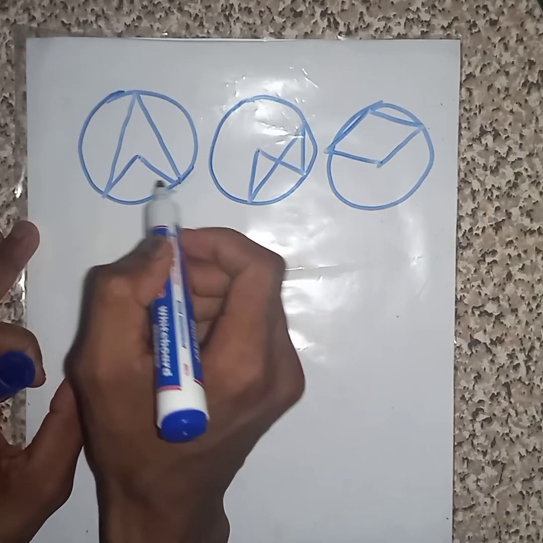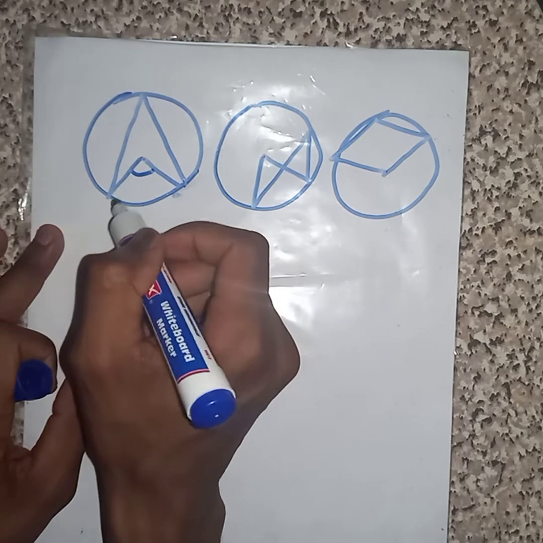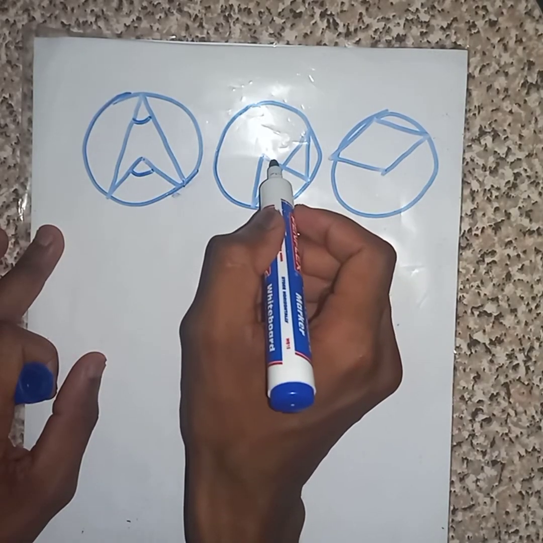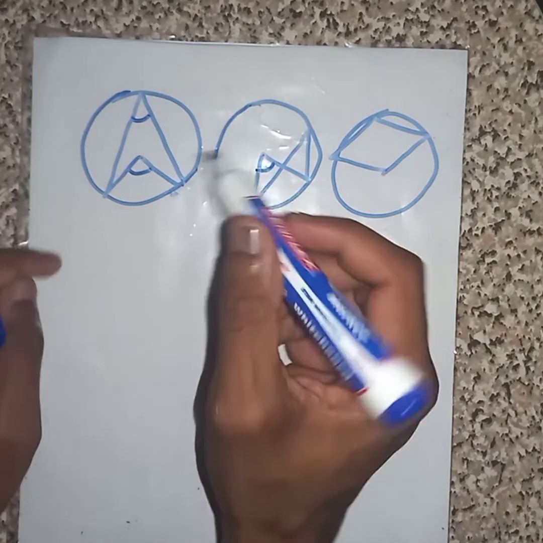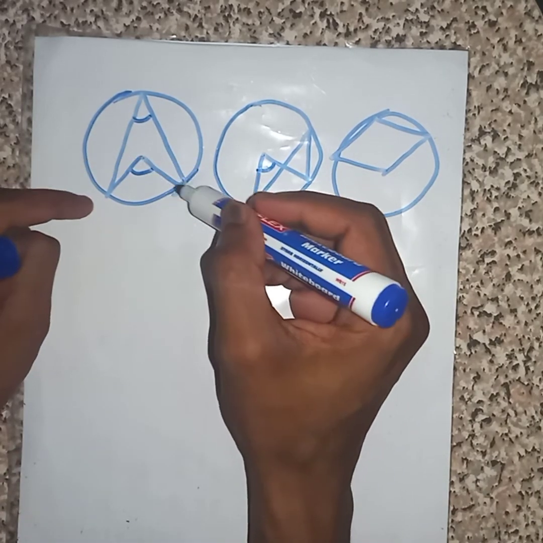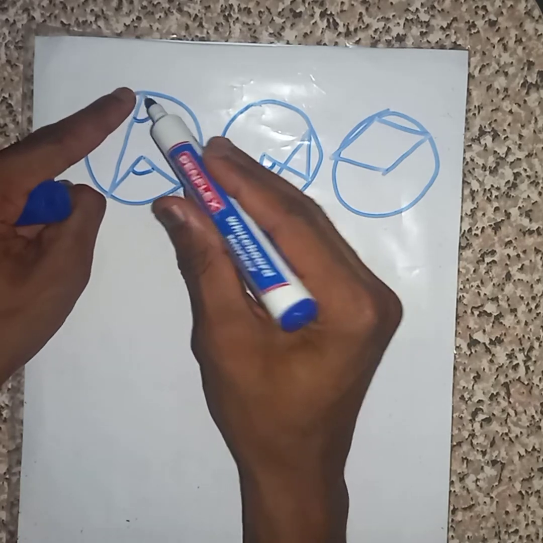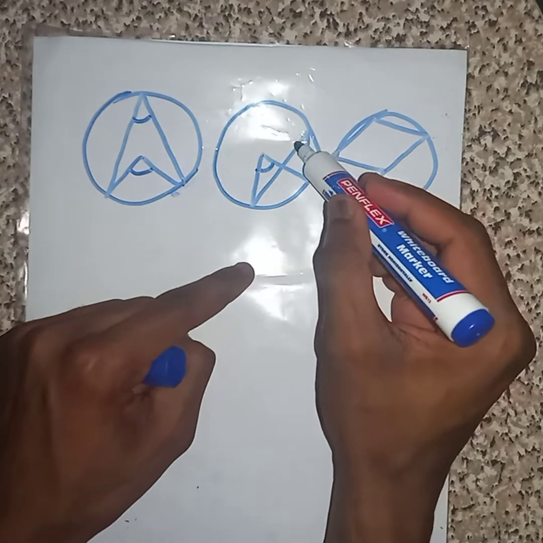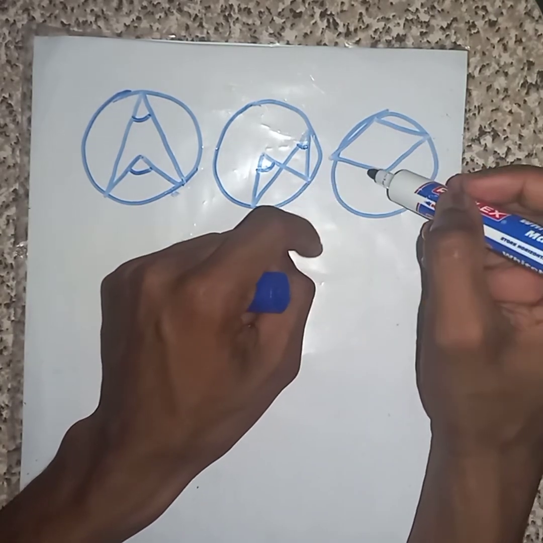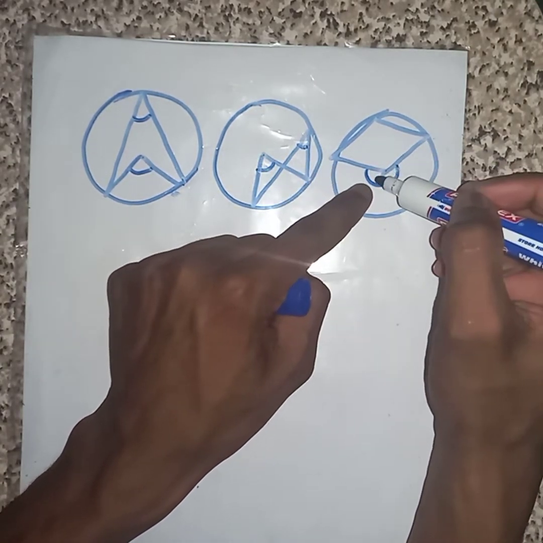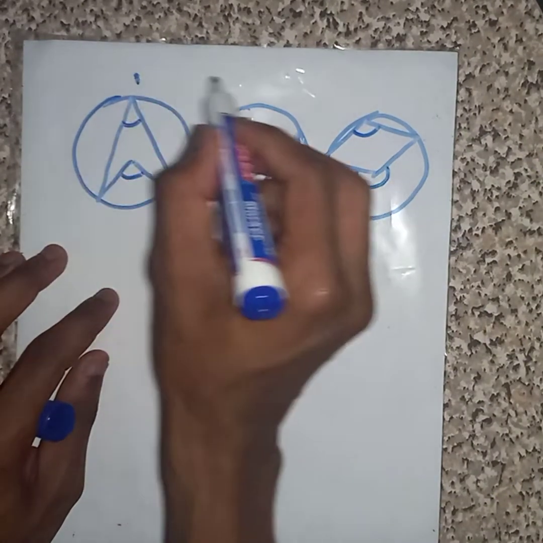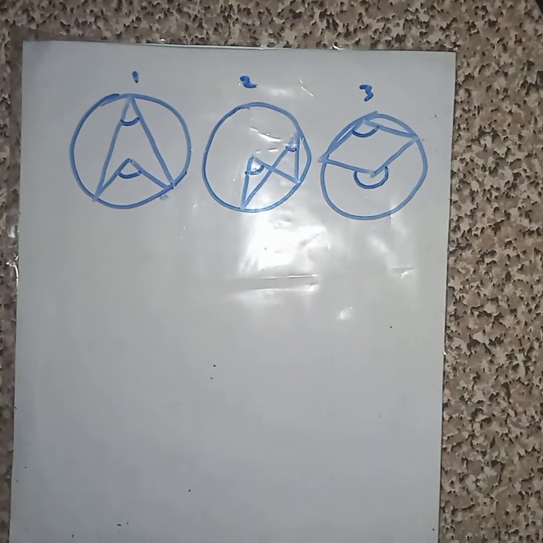Then let us try to identify: the angle at center is this one, the angle at circumference will be this one. When it is like this, the angle at center is this one. You see, the angle at center is twice the angle at circumference. Same for this one. Either this one or this one or this one, they are the same. You see?